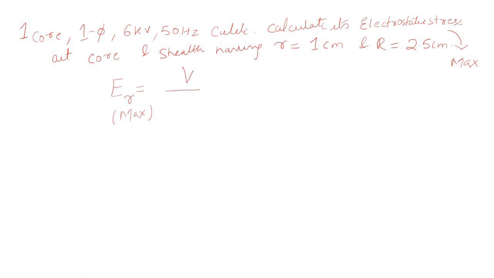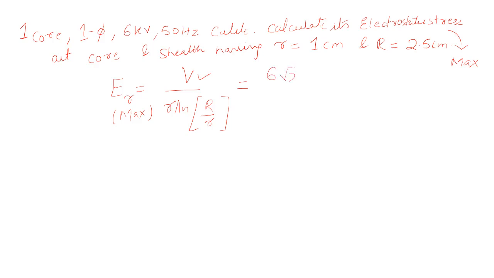If you see the formula, there was voltage upon small r ln of capital R upon small r. So this voltage must be maximum voltage. So this 6 kV is the RMS.